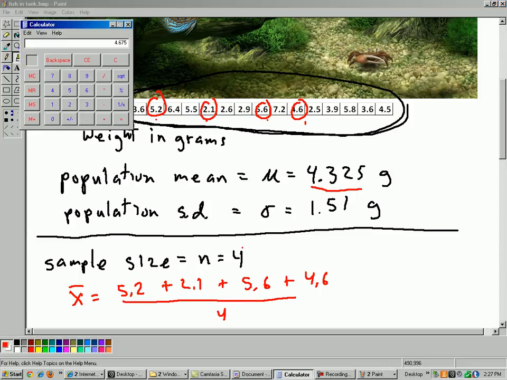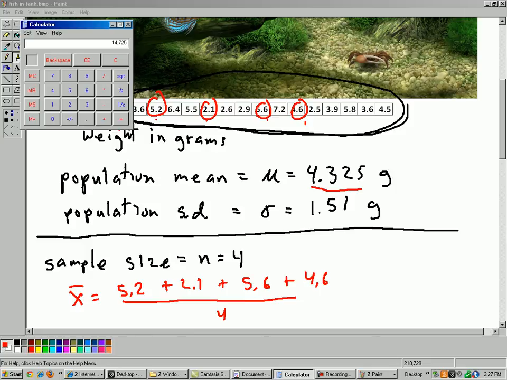Okay, let's get out a calculator here. 5.2 plus 2.1 plus 5.6 plus 4.6 equals 58.9. Divide that by 4.